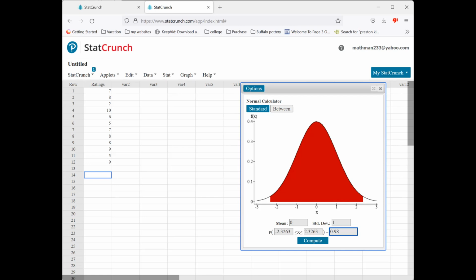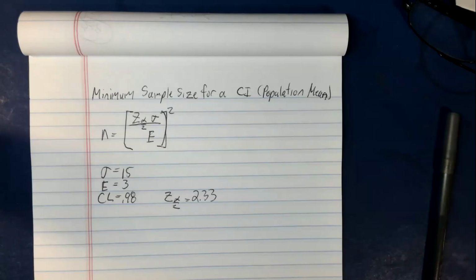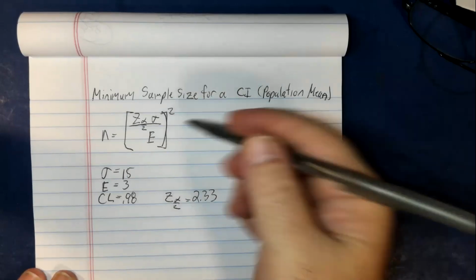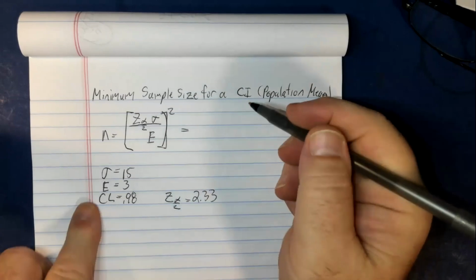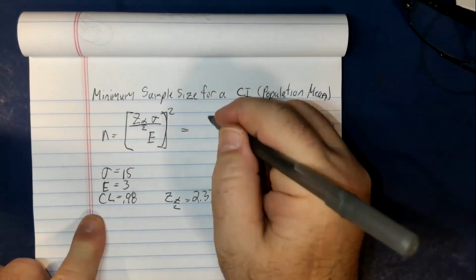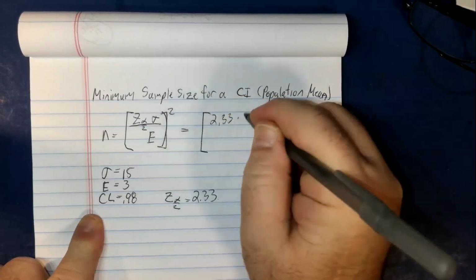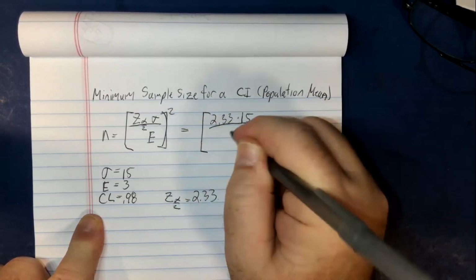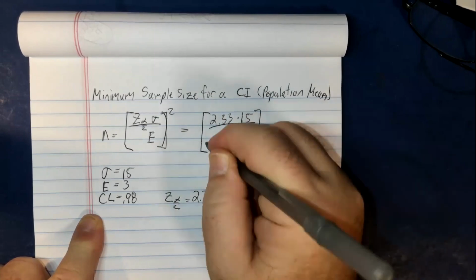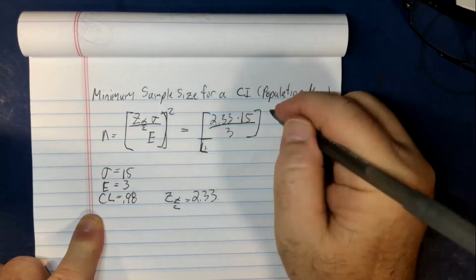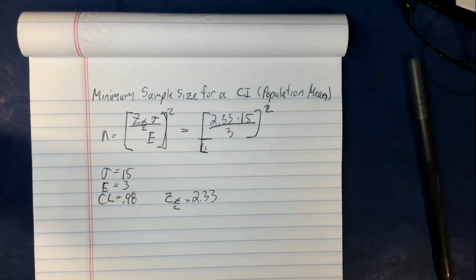Now we're going to put this into the formula. We've got the critical value being 2.33 times 15 divided by 3, and we're going to square that result when we get it.